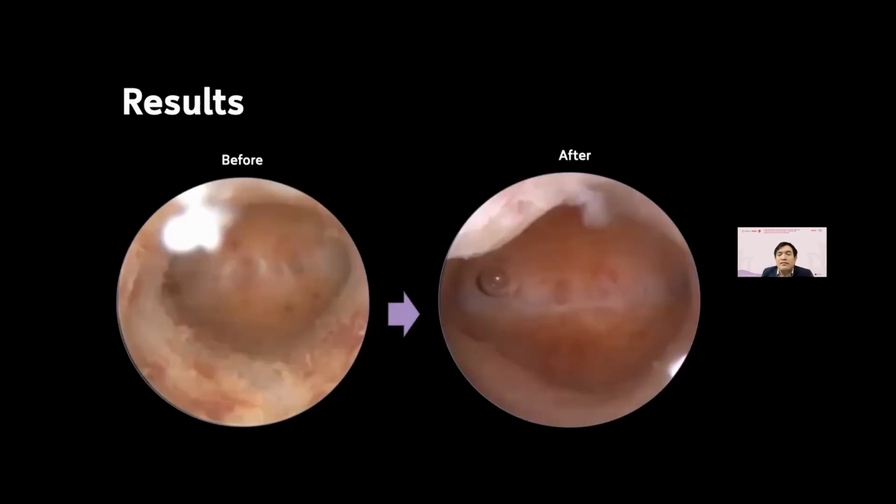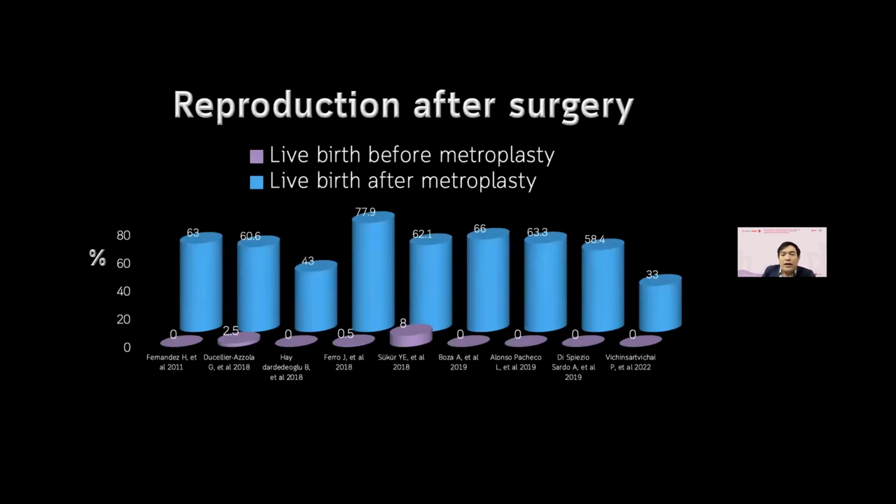And this is an example of the result from the same patient. Before, you see the narrow cavity. And this is just a month after the surgery. The cavity becomes normal, and reproduction after the surgery is quite good, like the information I told you before, that the pregnancy rate is about 60% within a year.